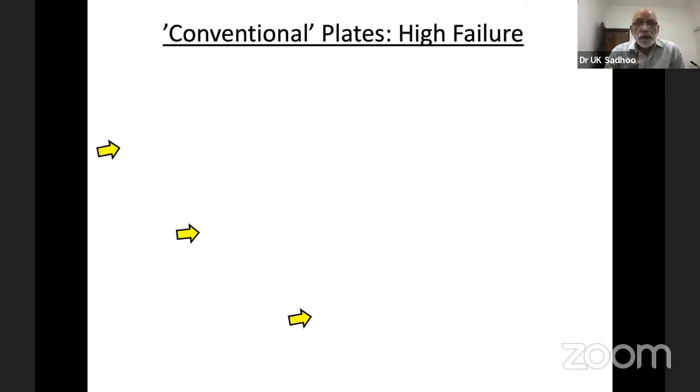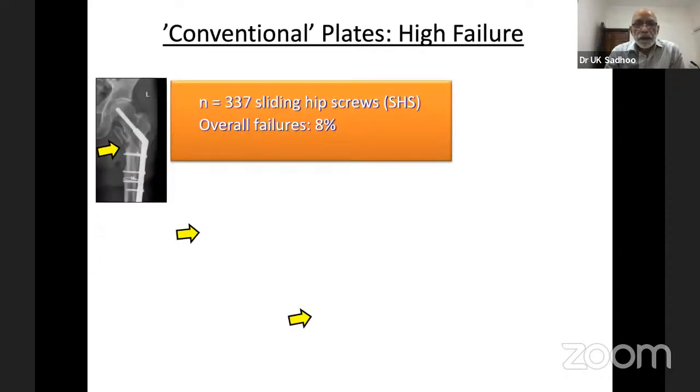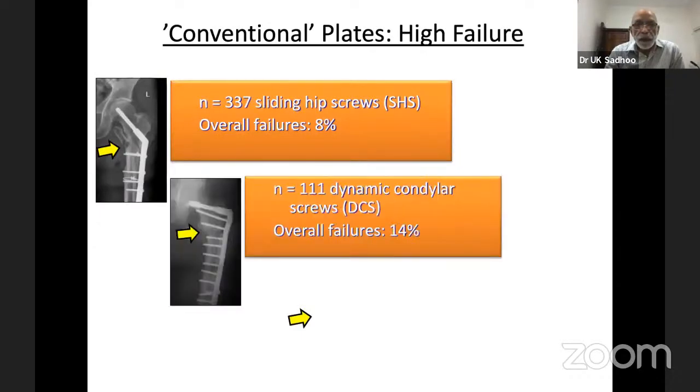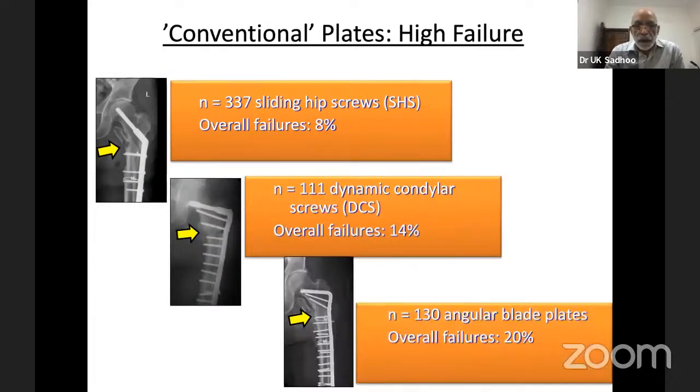All the conventional plates have high failure, whether it is dynamic hip screw or the condylar screw or the 130 degree or 95 degree blade plate.